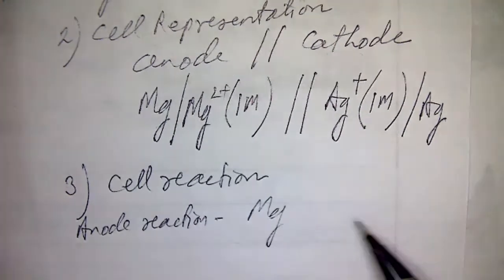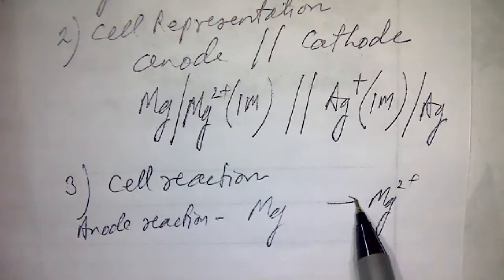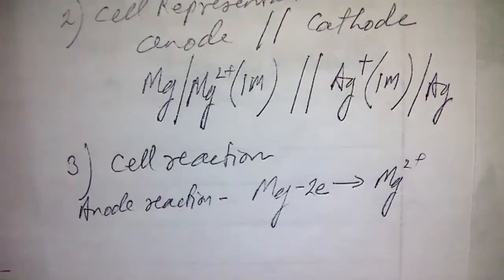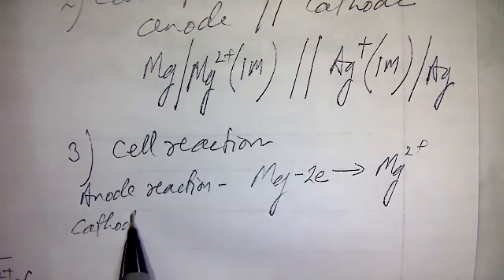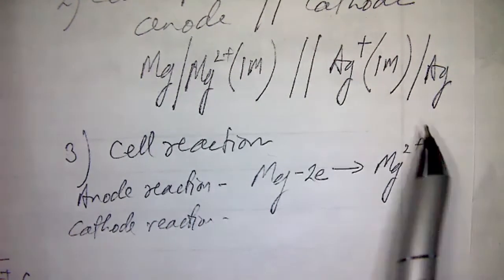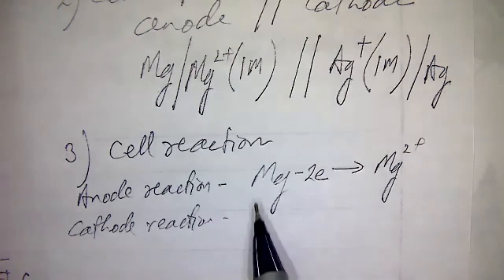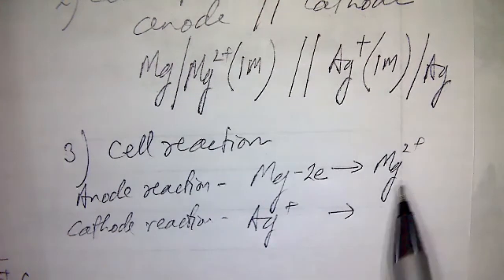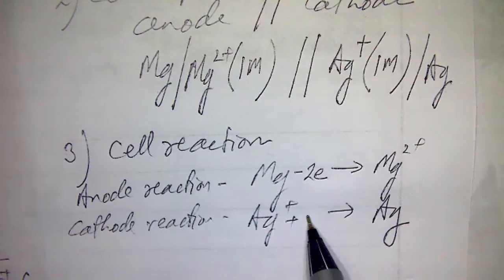So Mg becomes Mg2 plus. What has happened? Lost 2 electrons. Then cathode reaction. What has happened? Silver ion is becoming silver, so Ag plus becomes Ag, isn't it? So it has gained 1 electron.